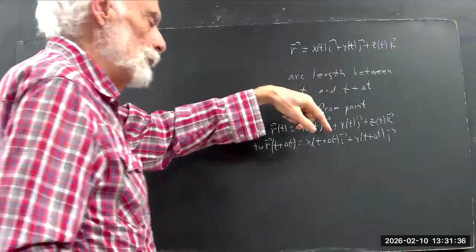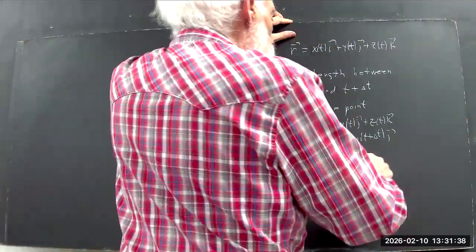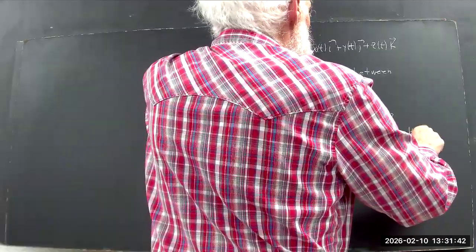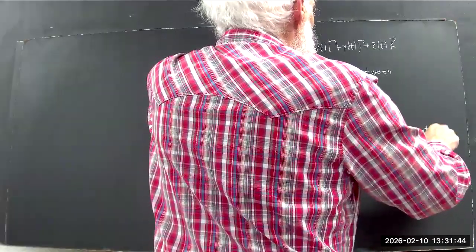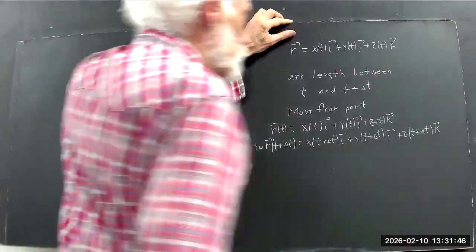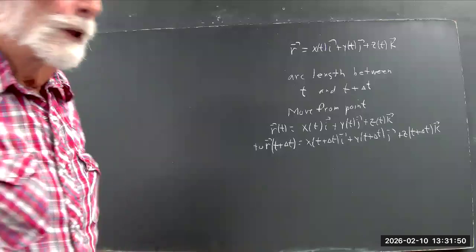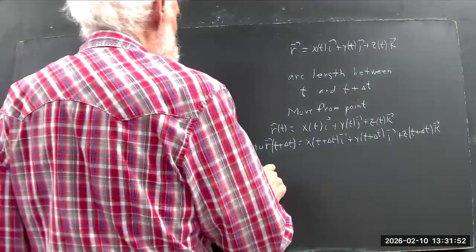And that's x of t plus delta t i plus y of t plus delta t j plus z of t plus delta t k. Okay. So how far do we move?